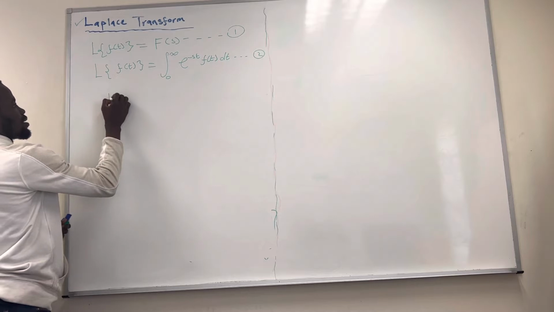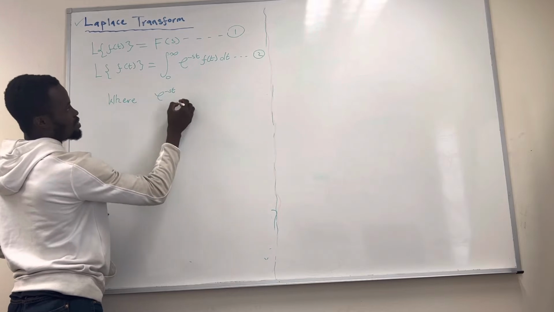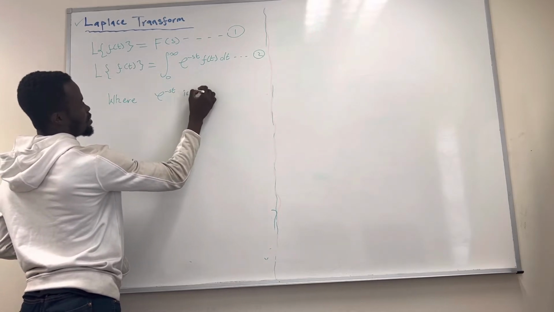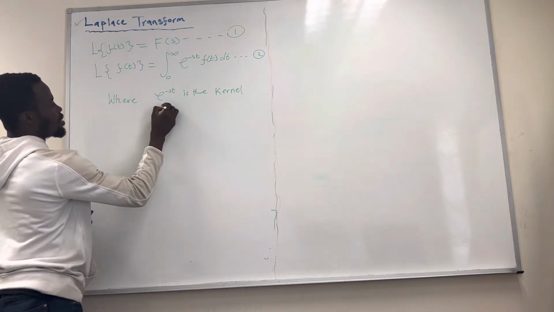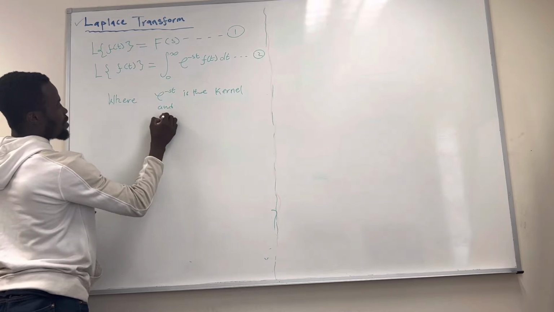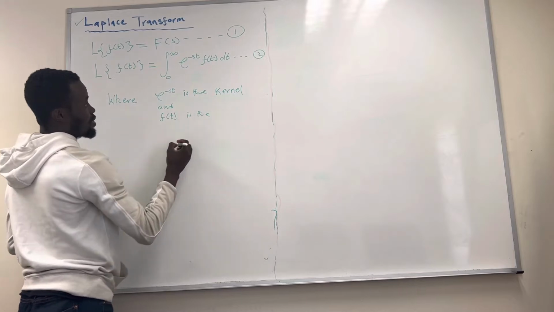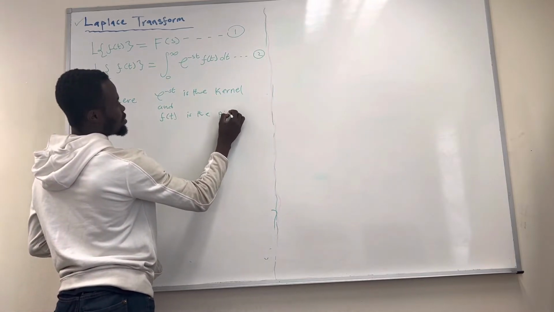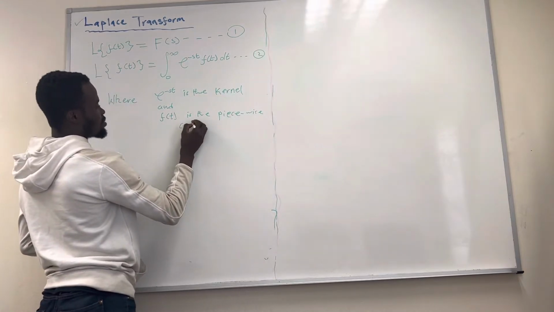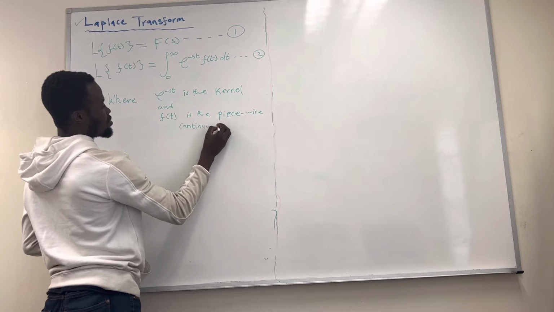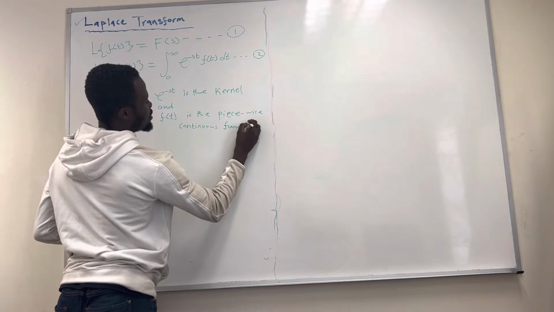Where e to the negative st is the kernel, and f of t is the piecewise continuous function.